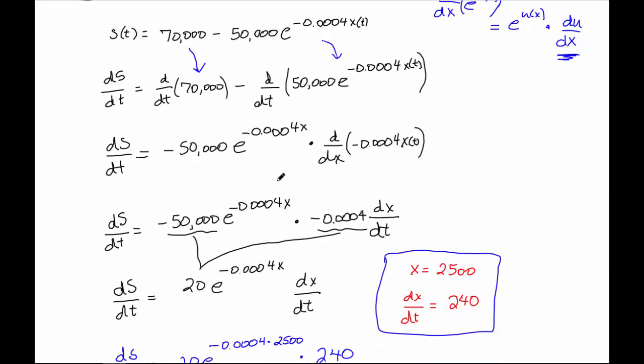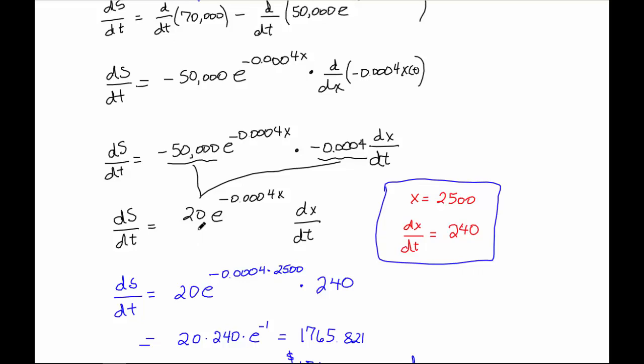All right, so what happens? Well, let's see. We get all this same front part. The derivative of this, I get the number, and then dx/dt. All right, the negative 0.004, so 3 zeros and a 4, times 50,000 is 20. All right, it's about as simple as we can get it, and now you would plug in the 2,500 and the 240 for dx/dt.